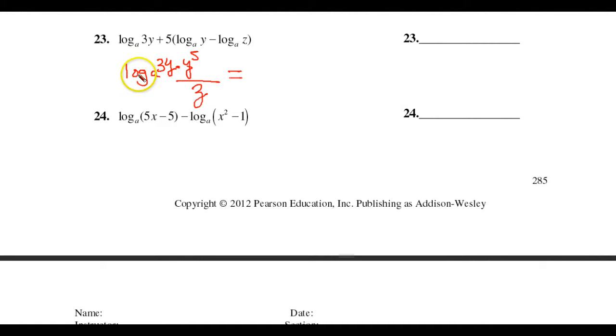Okay, as we look at this then, there's our log base A. We write this. This plus turns to a times here. And then it's going to be 5, the log of this. And this is going to be to the 5th also.